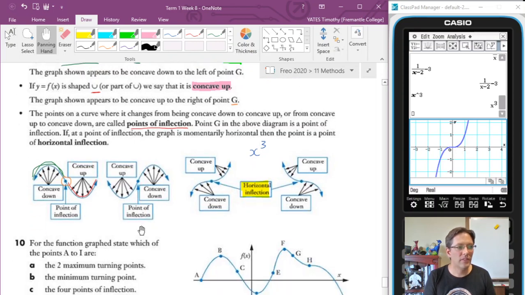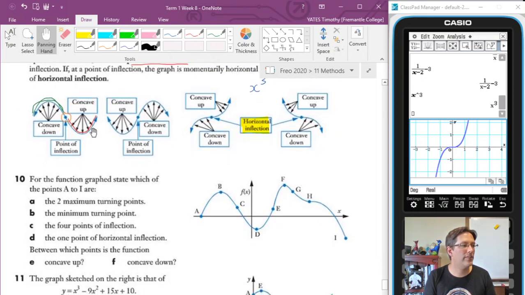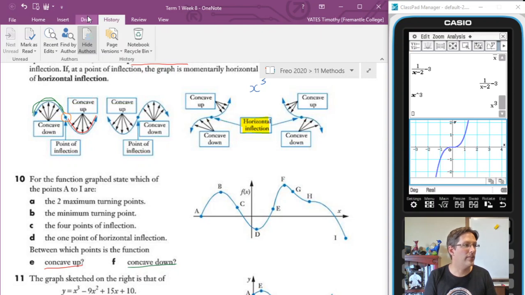Okay, so with some of that terminology under our belt, we should be able to start looking at some of our graphs and working out exactly where something is concave down and where it is concave up. And I'll see if I can get the same colors here because it's always good to have the same colors.